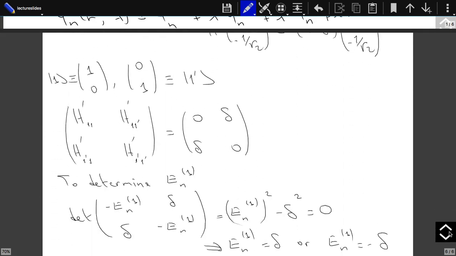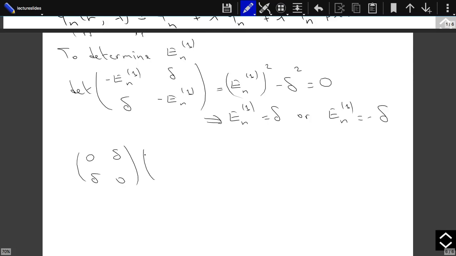So I have to find two solutions, alpha and beta, equal to plus or minus delta times alpha and beta. I have to solve these equations, one for the plus sign, one for the minus sign. Just so that we can solve both together, let me put a plus and minus over here. Either take all the lower signs, so you get the solution for the plus delta eigenvalue, or take always the upper signs, you get the solution for the minus delta eigenvalue.